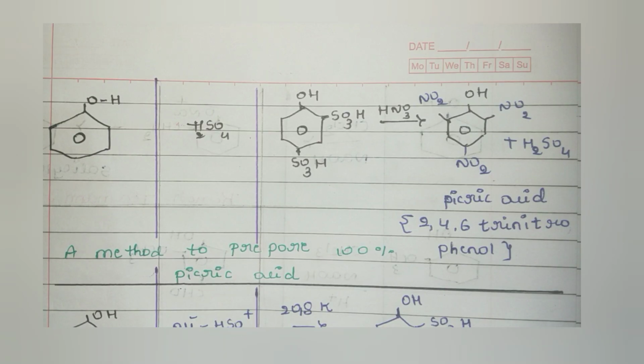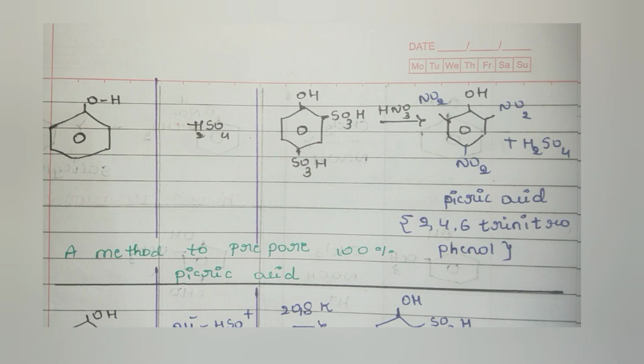To obtain picric acid, we should follow another reaction: when phenol is treated with H2SO4, it gives phenol sulfonic acid. This reaction is important to decrease the reactivity of the benzene. Due to the presence of the electron releasing group, the reactivity of the benzene will decrease, so it can't produce quinol as a major product.